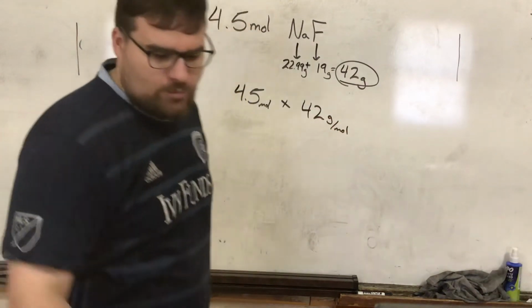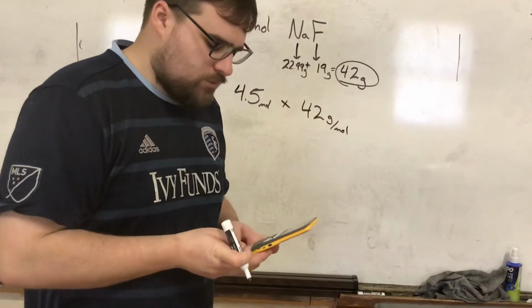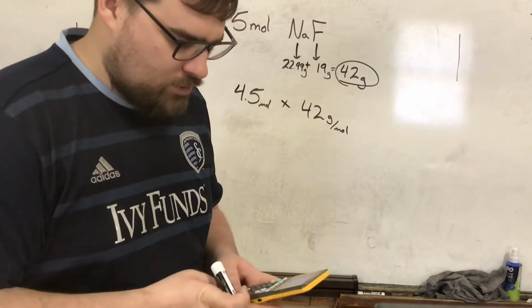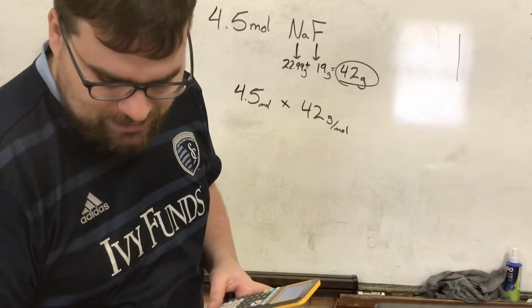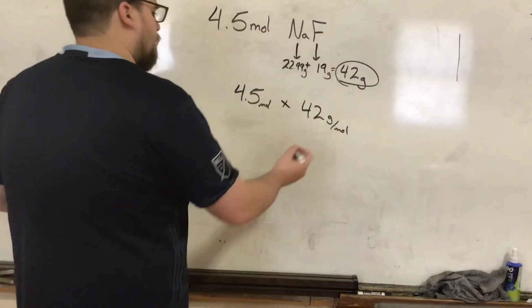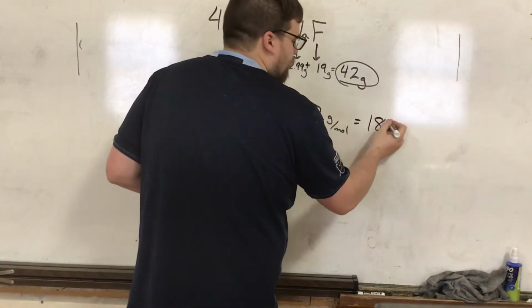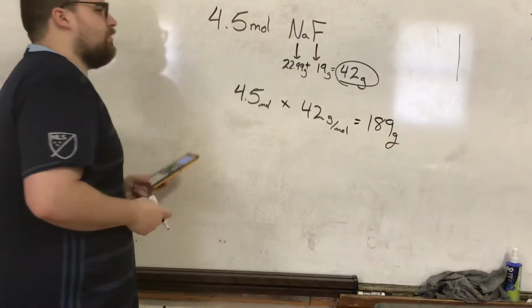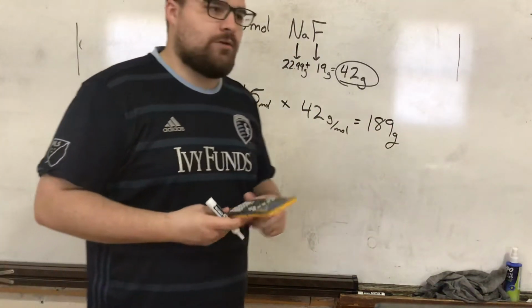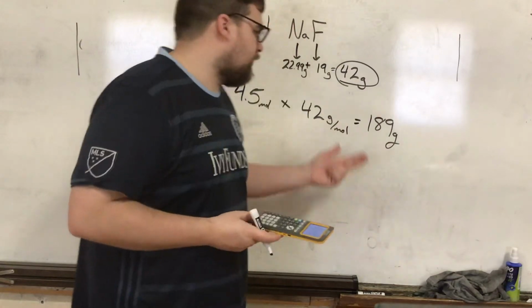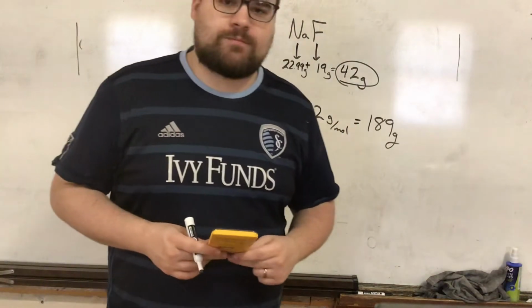So 42 times 4.5, we get 189. We find out that in 4.5 moles of sodium fluoride, there's 189 grams.